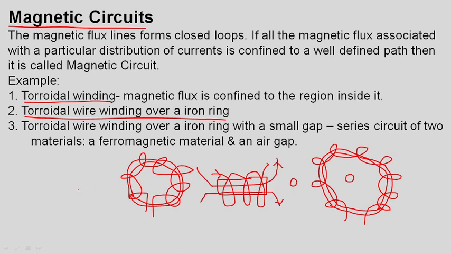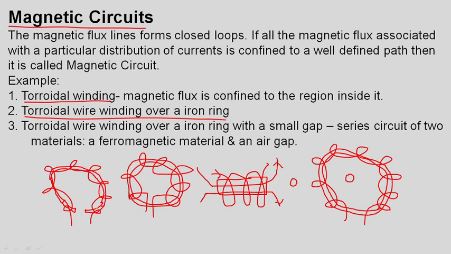Now in the toroid, there can be a ring, but for that ring there can be a gap, an air gap. This ring may not be of the same material. Part of it may be soft iron, part may be nickel, part may be cobalt, ferromagnetic materials.